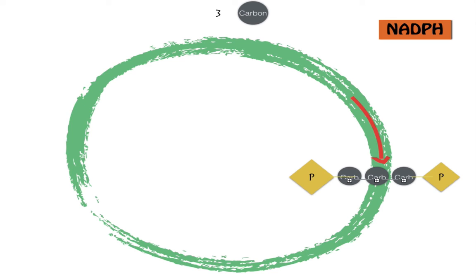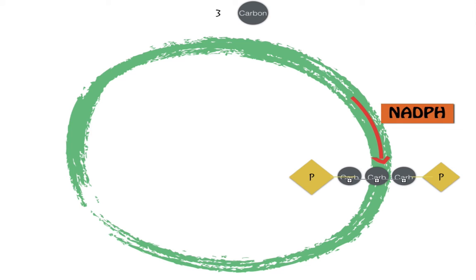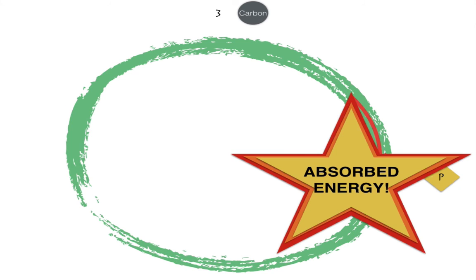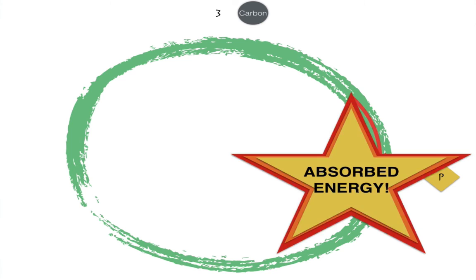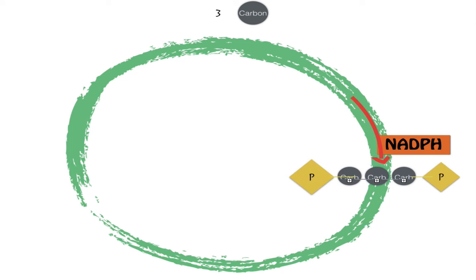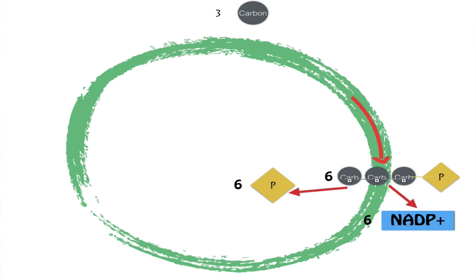So that energy stored from the sunlight is now coming in from NADPH, and it's going to pass that energy on to this molecule. It absorbed the energy, the phosphate group breaks off, and then NADPH turns into NADP plus. That's because the hydrogen that was attached to NADPH, that H, broke off.